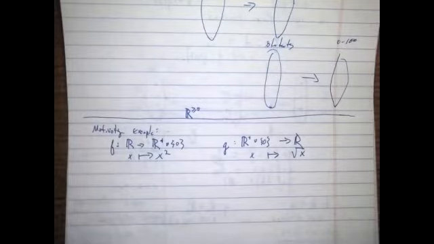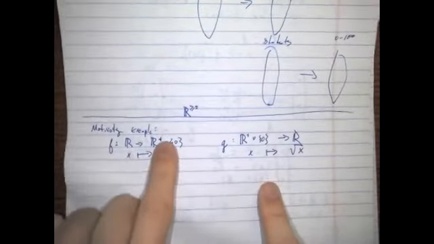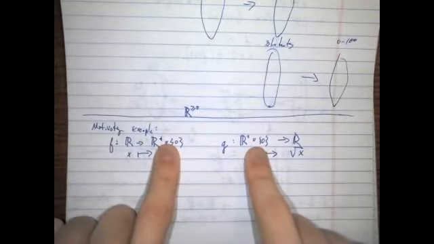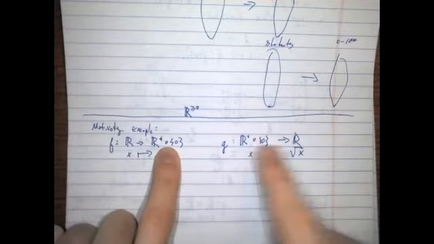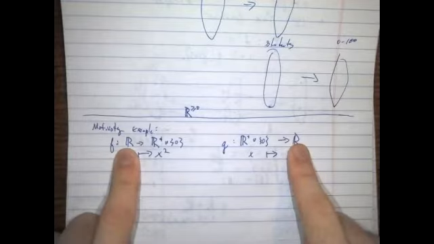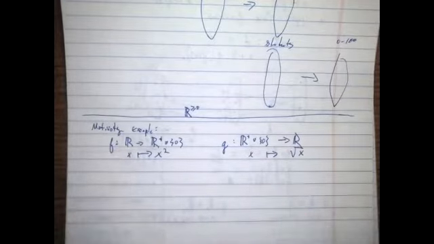Okay. Since the codomain of F matches the domain of G, I can compose them by G composed with F. And since the codomain of G matches the domain of F, I can compose them in the other way. So I can compose these functions in both ways.